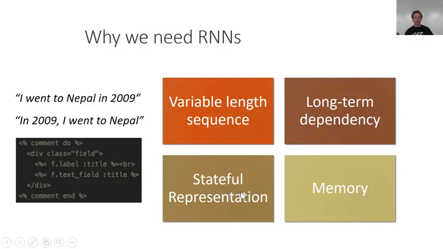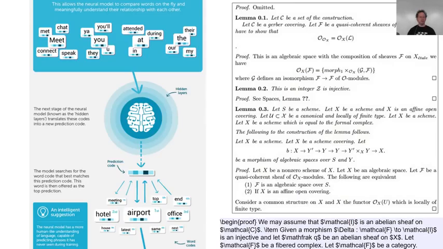So these are the basic ideas. If you want a stateful representation where you're keeping track of where are we now, have memory, have long-term dependencies, and potentially even have variable length sequences, these are all difficult things to do with convnets. They're very straightforward with RNNs. For example, SwiftKey a year or so ago did a blog post about how they had a new language model.